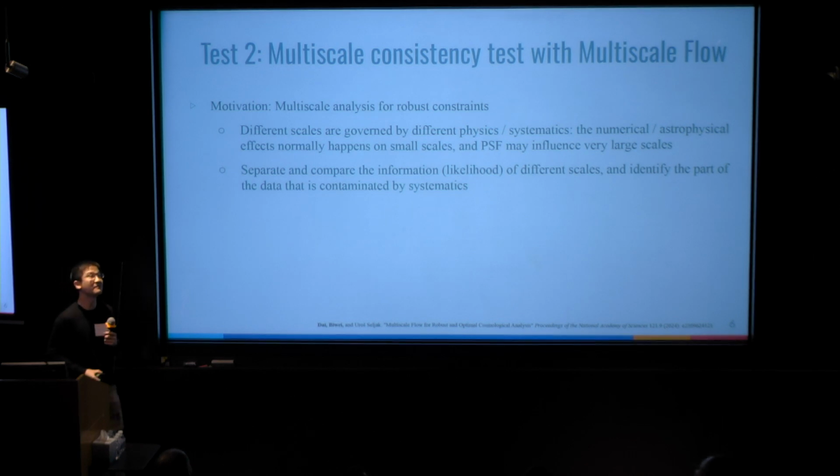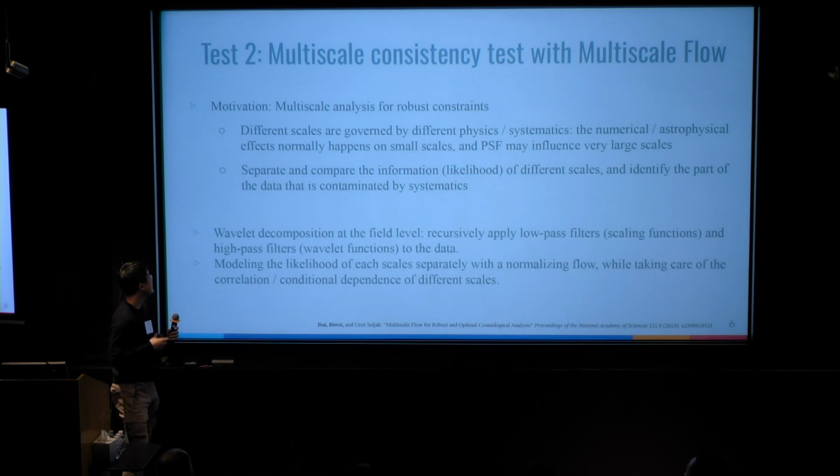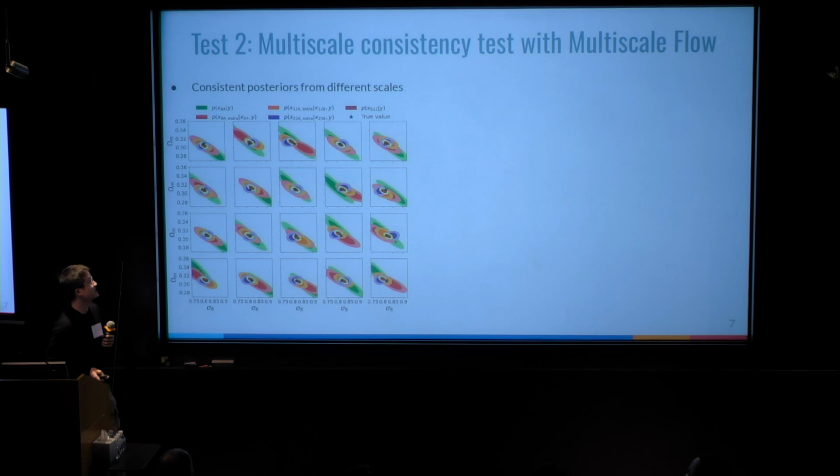I don't have much time, but I just want to quickly mention that we also tried a different approach for OOD detection motivated by multi-scale analysis. Basically, we expect that the systematics should have a different scale dependence compared to the signal. So what we do here is apply a wavelet decomposition at the field level to decompose the information at different scales, and then we analyze each of them separately, and later we can compare the information content.